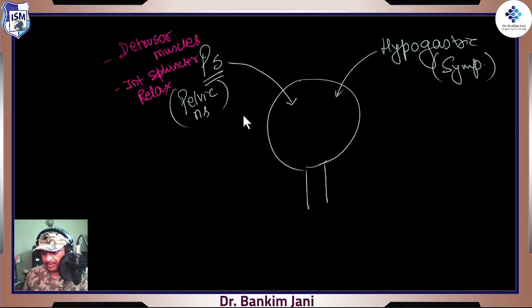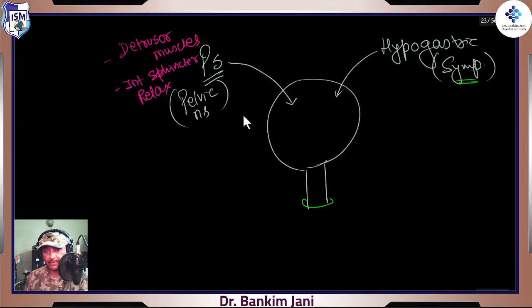In the urinary bladder, say even the semen would be coming, this sympathetic system is important because it prevents reflux of semen into the bladder. That's the important part. Otherwise, for the micturition part, there is no significant role.